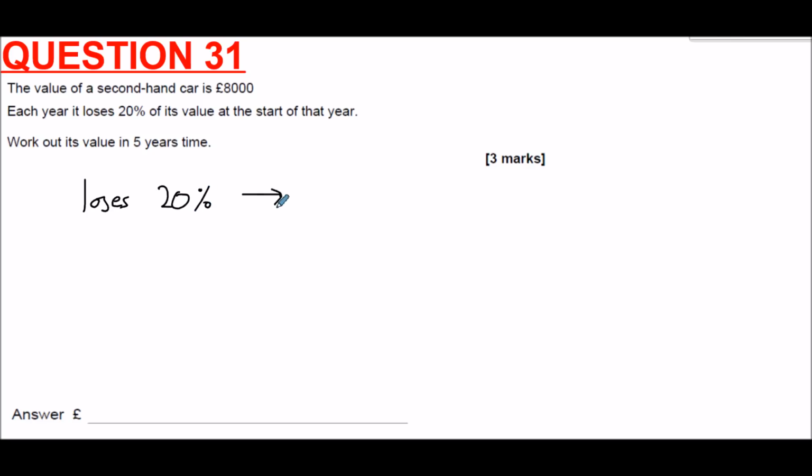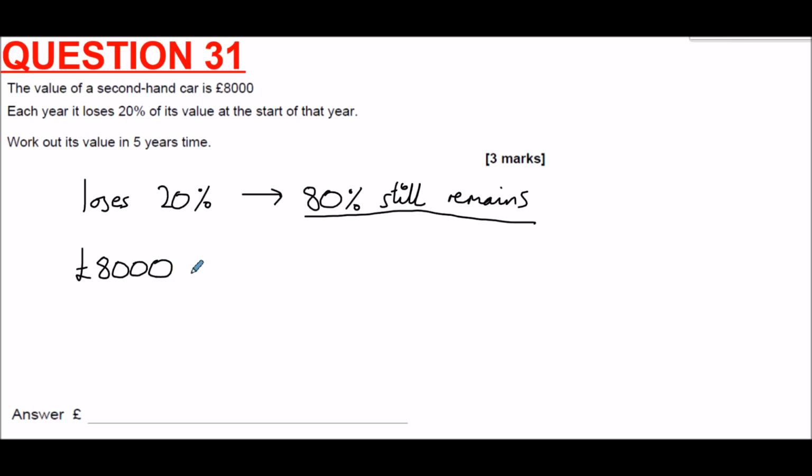If you lose 20%, that means 80% still remains. So at the end of each year, it becomes 80% of its former self. And so we need to find 80% of the value of the car each year. To find 80% we could multiply by 80 over 100.